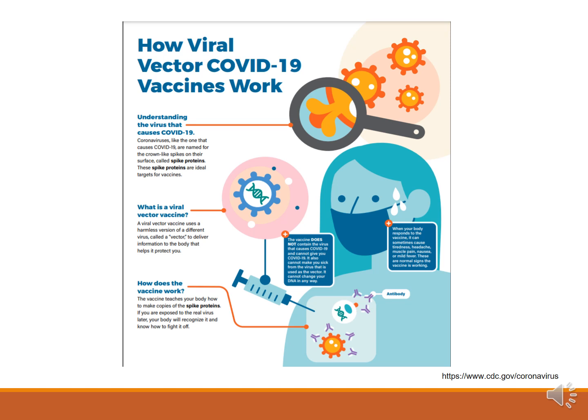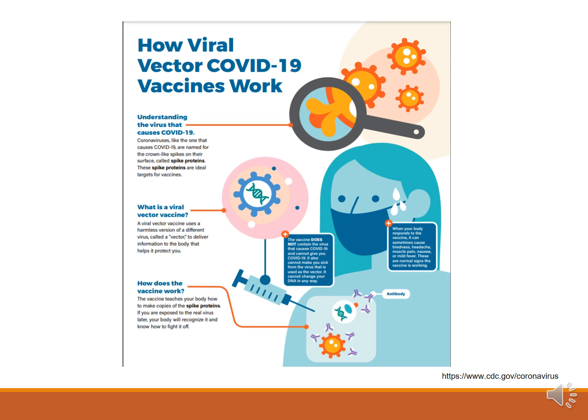So the way the viral vector vaccine works: coronaviruses, like the one that causes COVID-19, are named for their crown-like spikes on their surface, the spike proteins. The spike proteins are ideal targets for vaccines.